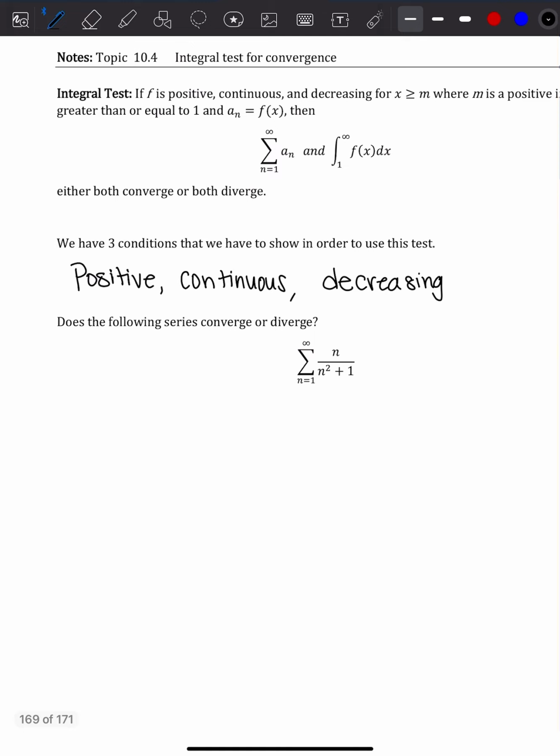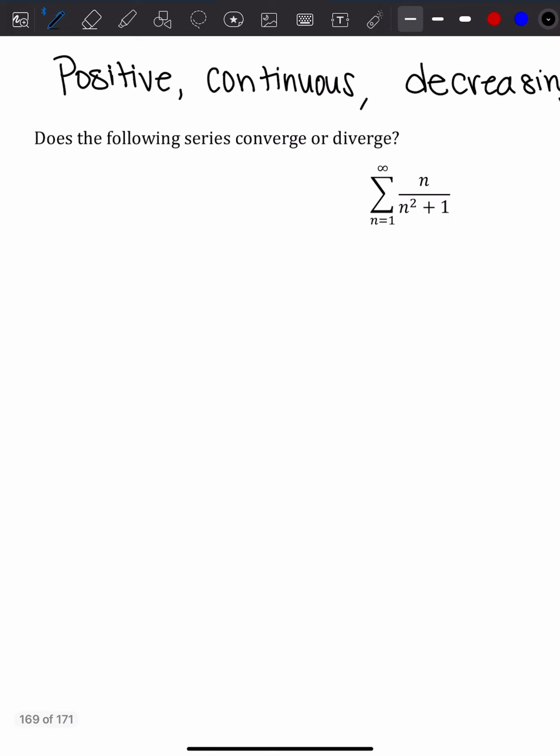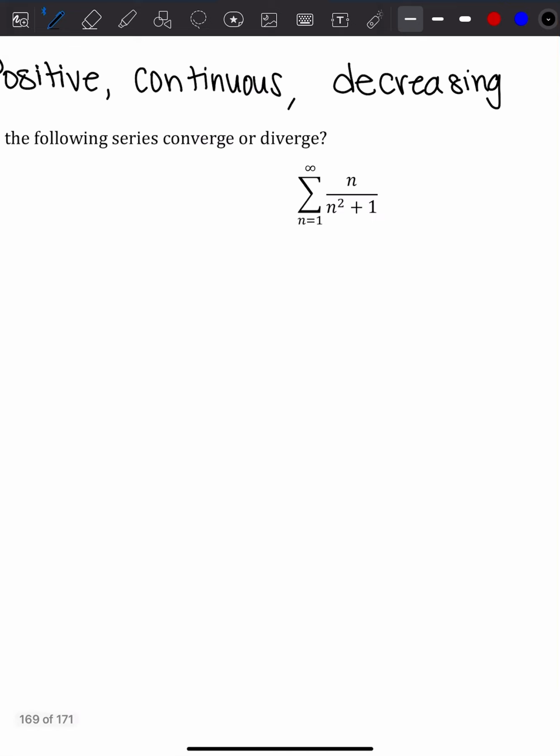So we're going to look at this first one. We have the summation from n equals 1 to infinity of n divided by n squared plus 1. We're trying to decide if it converges or diverges. Last time we talked about the nth term test for divergence.